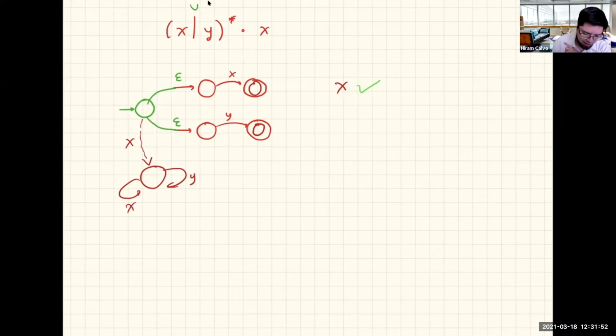Another way is being here, jumping to this state just because, and then trying to read the X following the invisible path, because now we know it's implicit to the pit. And then we will say, no, by doing this the X is not accepted, because I end up in a non-accept state. However, remember that there's still just one way to accept this X, and this is the one.